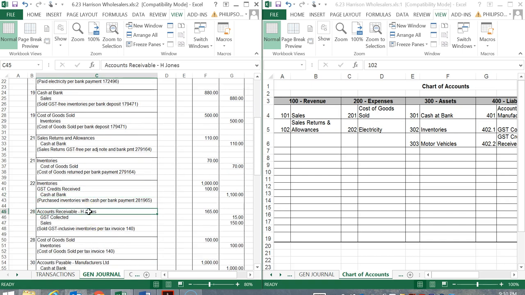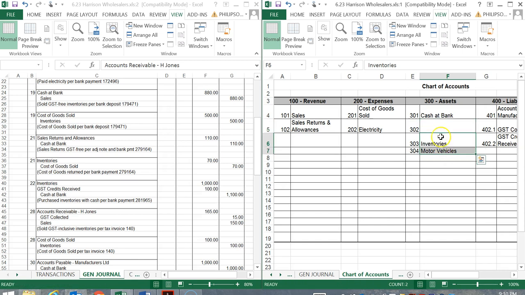Accounts receivable, H. Jones. Okay, so what I'm going to do, accounts receivable needs to go in up here. So I'm just going to get these two and just drag them down. Create some room here for my accounts receivable. H. Jones. Okay, so we've got that.